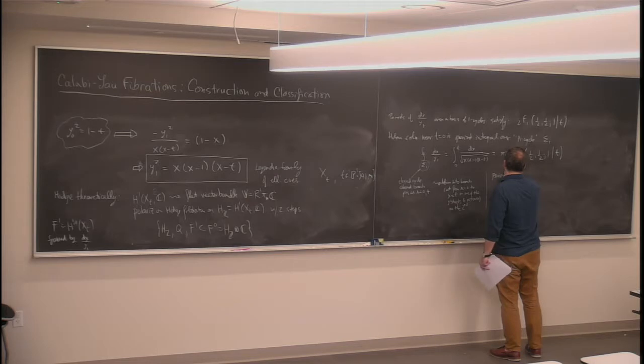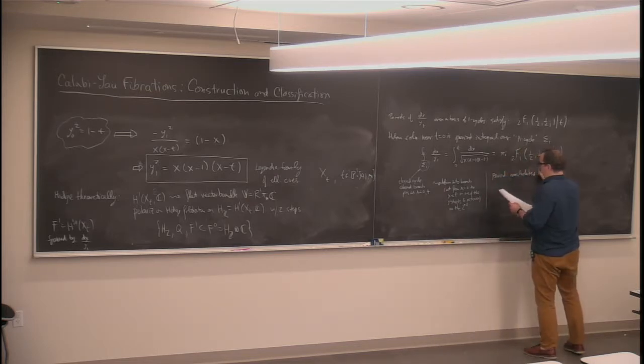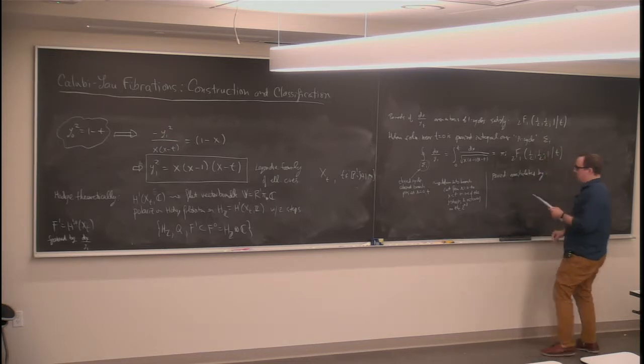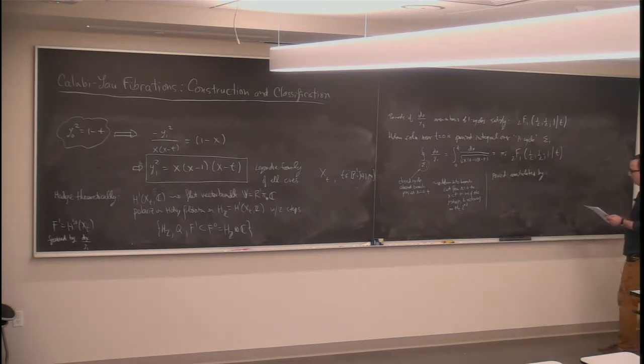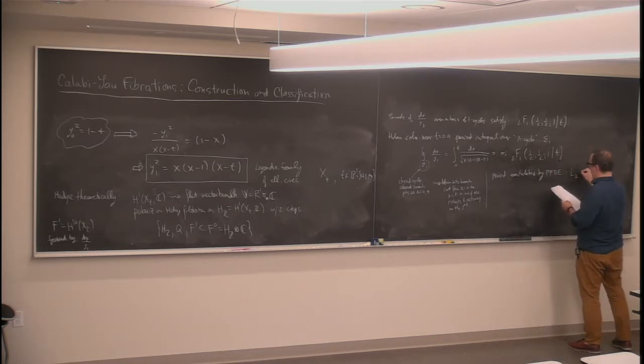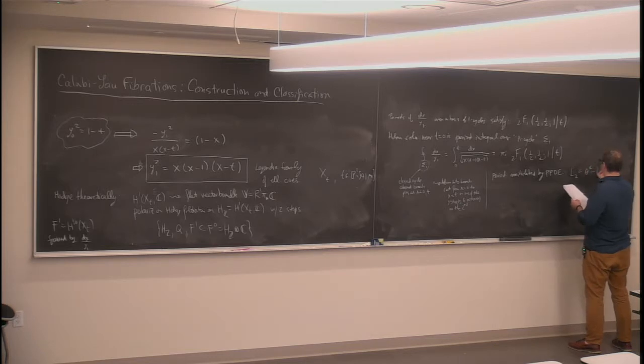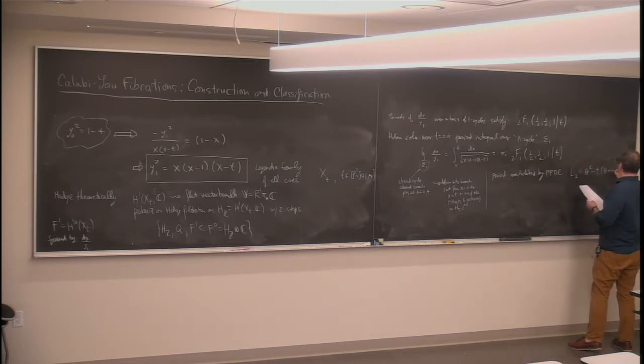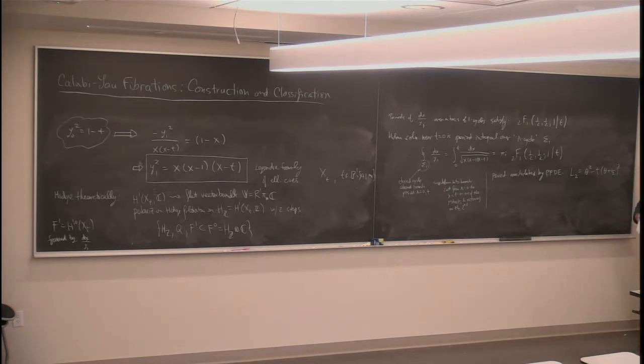Okay, now, just as before, the period is annihilated by this second order degree 1 Picard-Fuchs equation, so by PF dE. I'll call it L sub 2, which is theta squared minus t times (theta plus 1/2) squared. All right, so far so good.